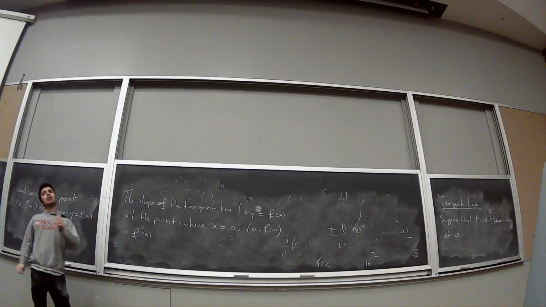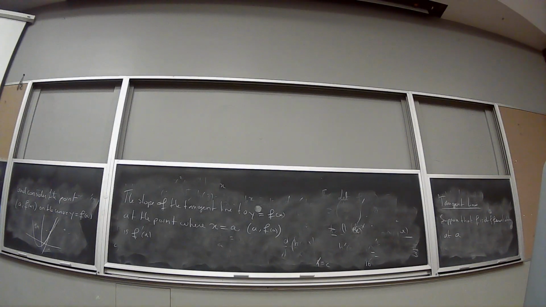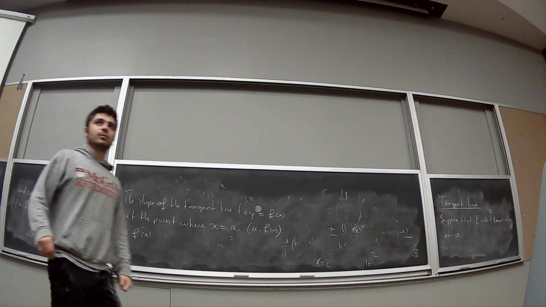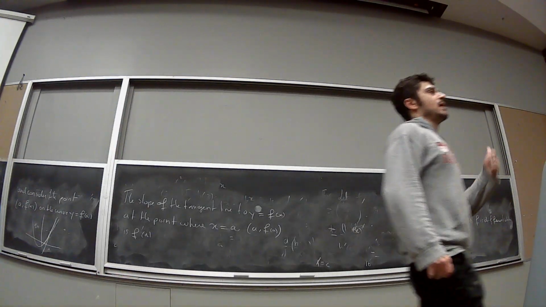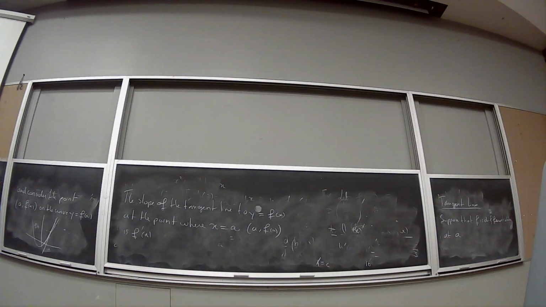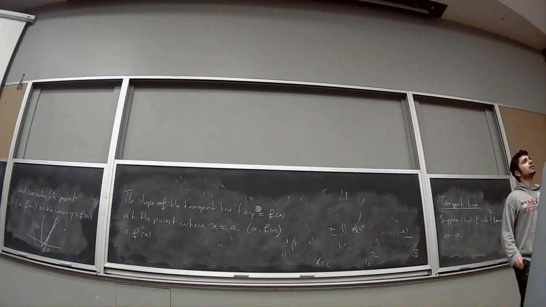Now, do I have a point on this line? a, f of a is a point on this line, and I have the slope of this line. If I have the slope and I have a point, what can I determine? I can find an equation of the line. Have we seen this before? Yes.